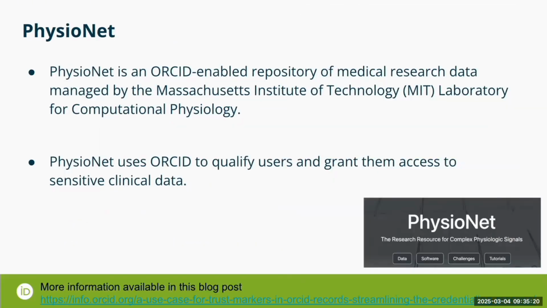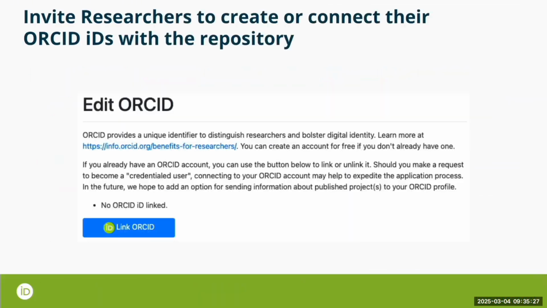And this is another example from the MIT repository in the US. So basically the idea is also, first, of course, to link the ORCID ID first as a signing option, or connect their researchers' ORCID ID to their system.